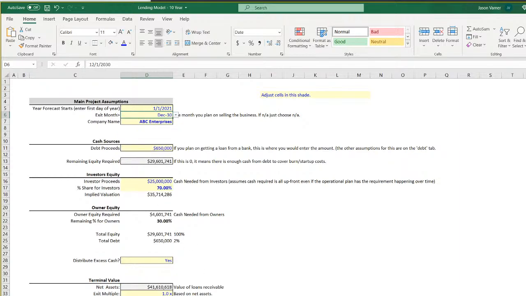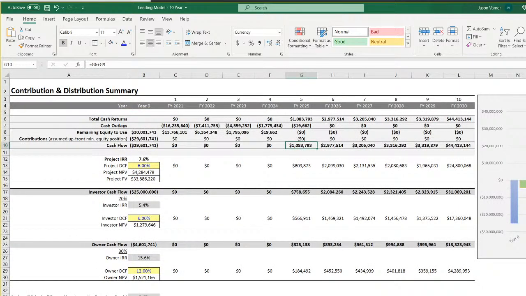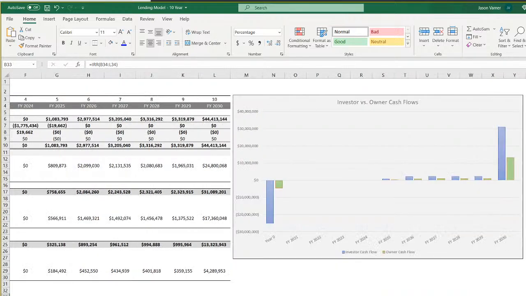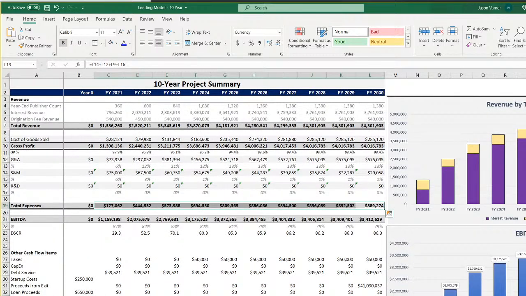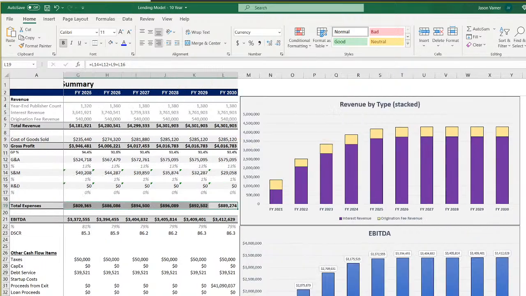Now if we put the exit in here, now we're in a positive internal rate of return. See that? I like the yellow here. This is nice, this color.